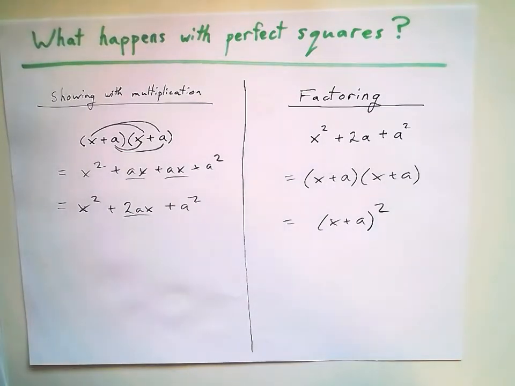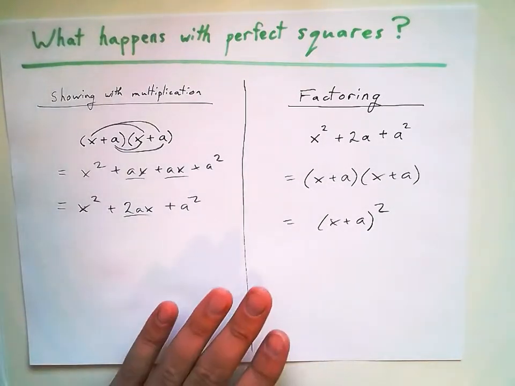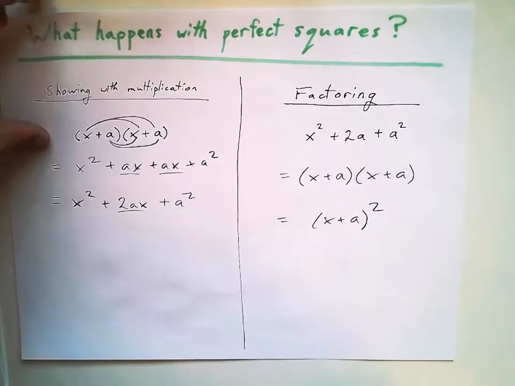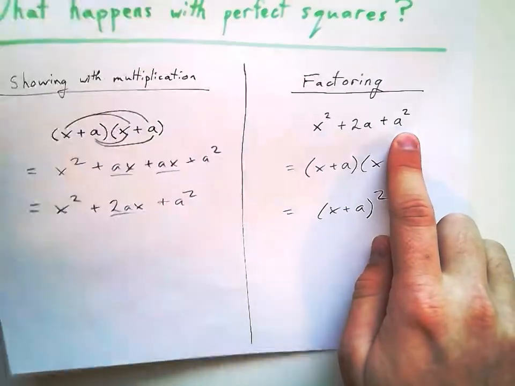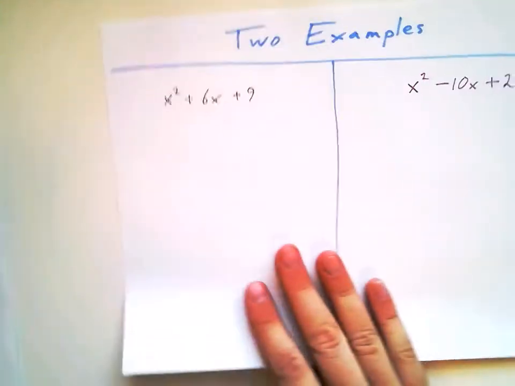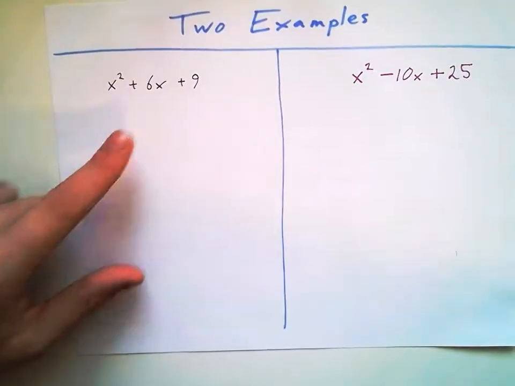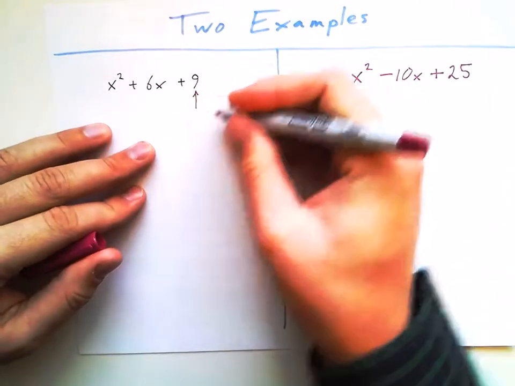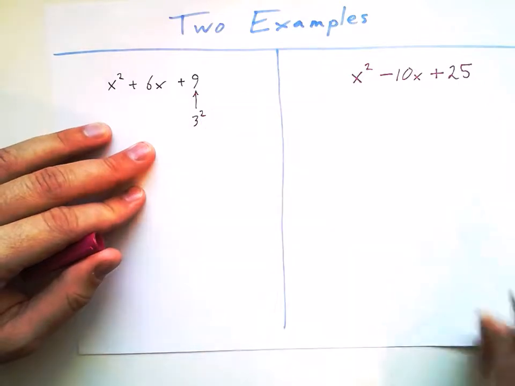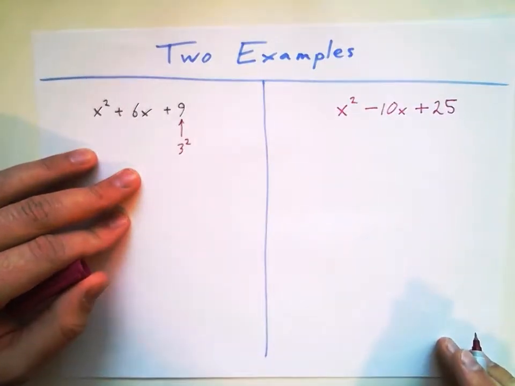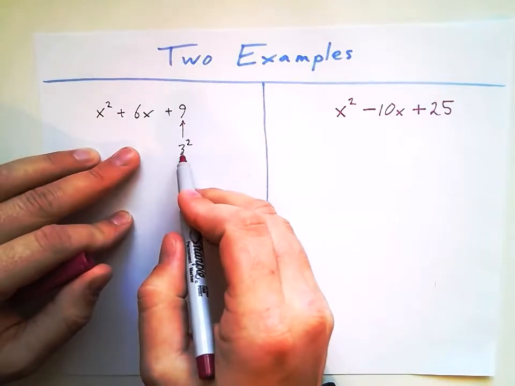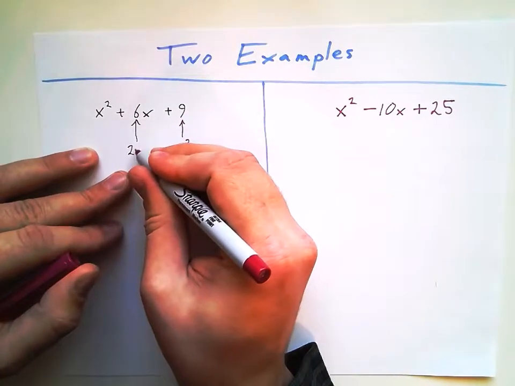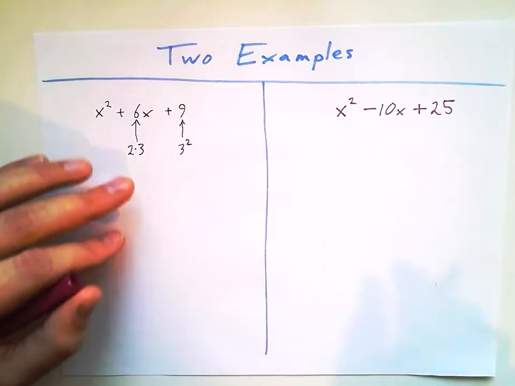So let's do these two examples, and hopefully that will make this more clear. So a is whatever constant number, just like before. So like this one right here, you're going to say 9 is 3 squared, 3 times 3. And 6 is 2 times 3.